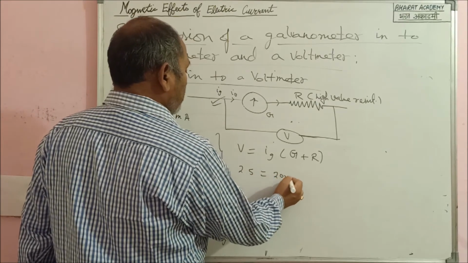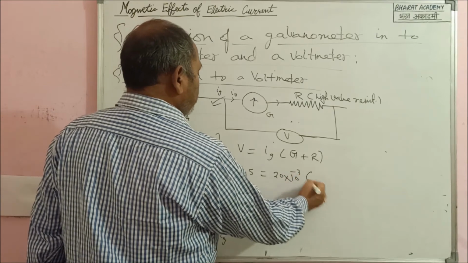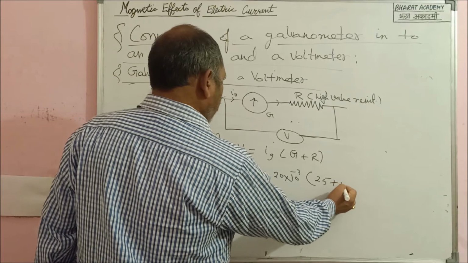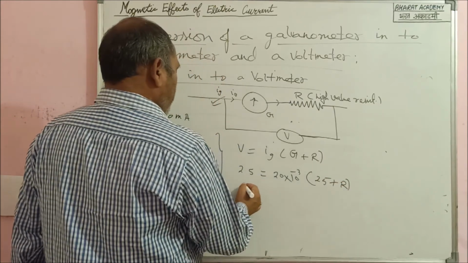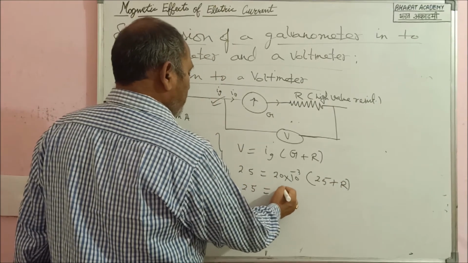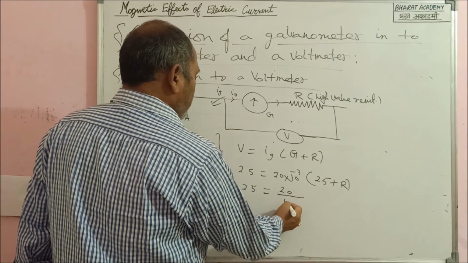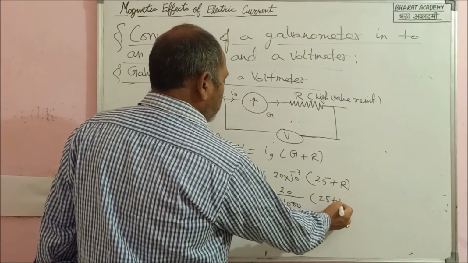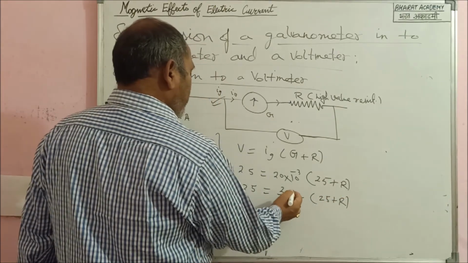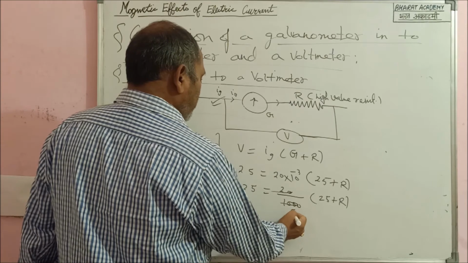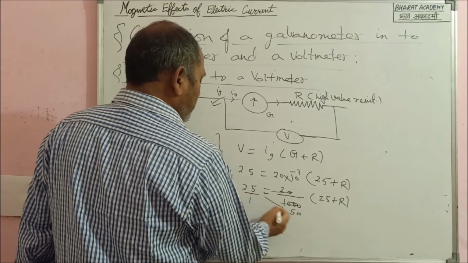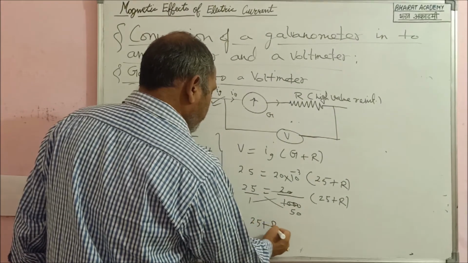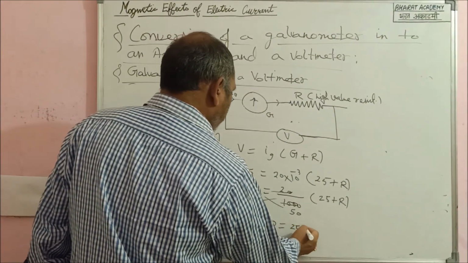Again come to the basics. Ig is 20 into 10 to the power minus 3, G is 25, and R we have to calculate. If you are having some problem, do it like this: 20 by 1000 makes it 1 by 50. Make it a cross multiplication if you are having a problem. 25 plus R will give you 25 into 50.